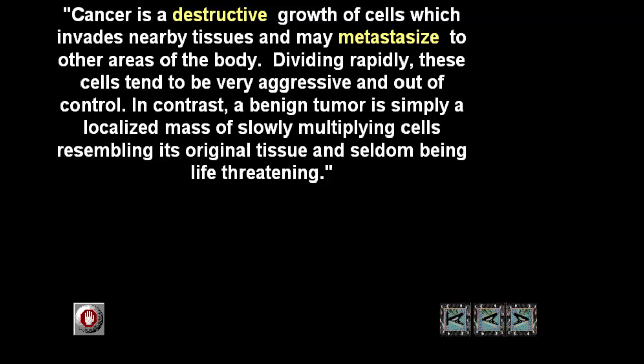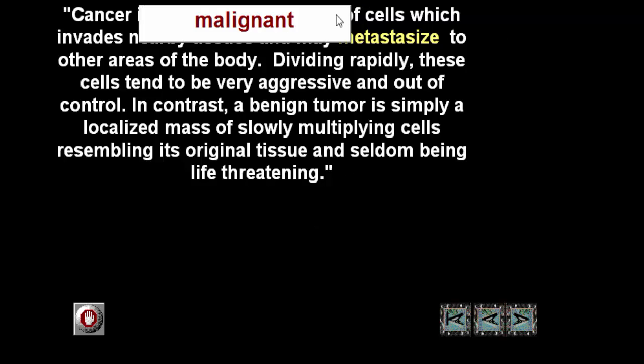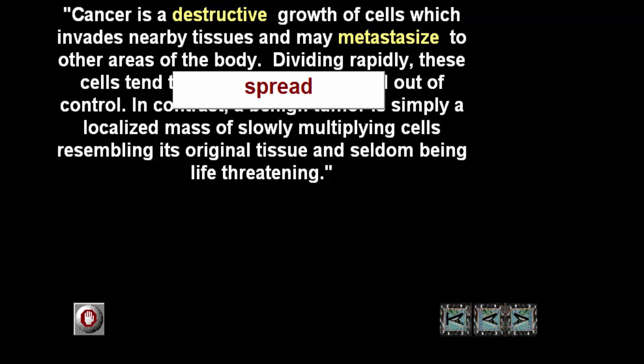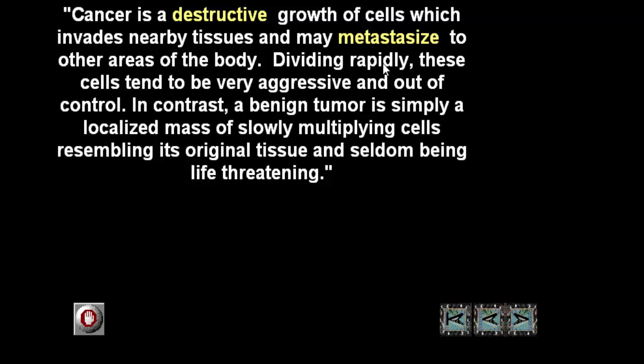So what is cancer? Cancer is a destructive growth of cells which invades nearby tissues and may metastasize to other areas of the body. Those words basically mean malignant. That's what spreading and destructive cells do. Spreading itself is basically what the word metastasize means. So the cells divide rapidly, become very aggressive, and they grow out of control.